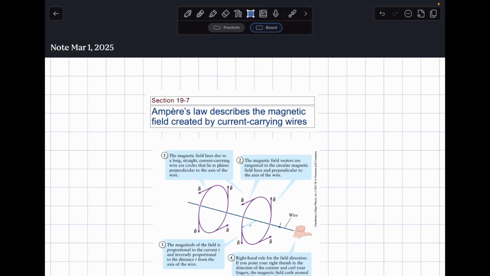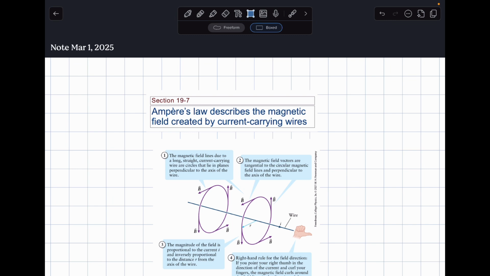Hi everybody, welcome back. We're going to go over the last two sections of chapter 19. In these two sections, we're going to be looking at the magnetic field created by a wire. We know that forces are exerted on wires in magnetic fields, right?